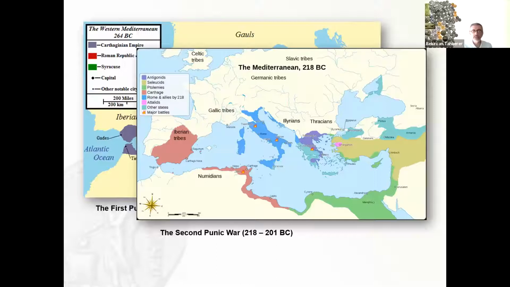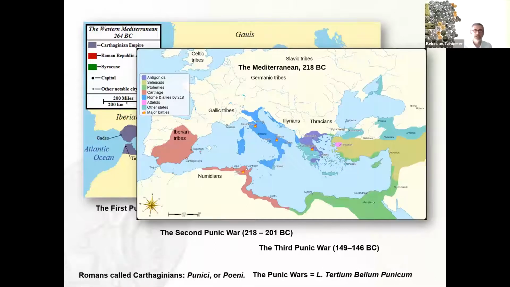And then the Second Punic War, 218 to 201, was quite decisive. And they had a Third Punic War, during which, or at the end of which, they simply annihilated the city of Carthage to get rid of the biggest enemy for good.